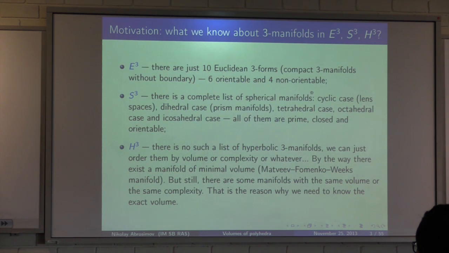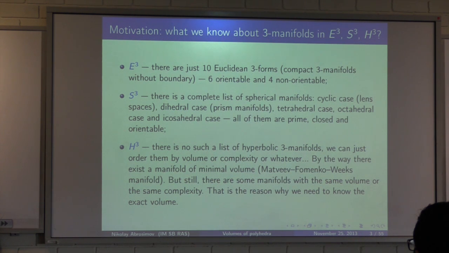So I think I should skip this derivation. Here I just outline. In Euclidean space, there is a classification of all three-manifolds. In the spherical case, there is also a complete list of spherical manifolds. In the hyperbolic case, the problem is open.